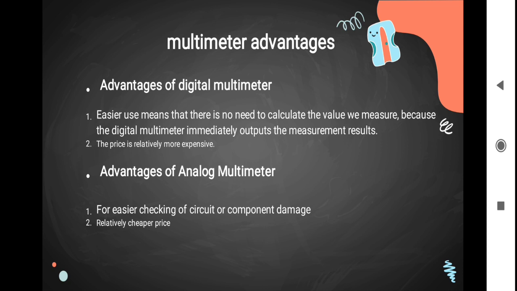The price is relatively more expensive. Advantages of analog multimeter. 1. Good for checking circuit or component damage. 2. Relatively cheaper.